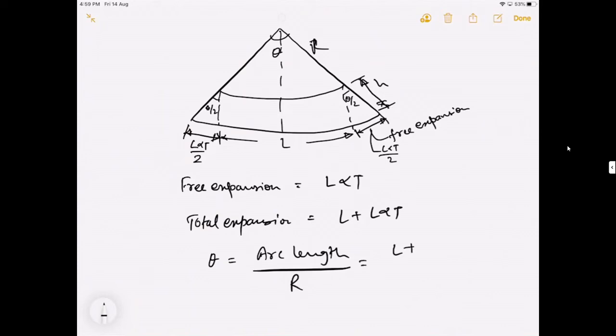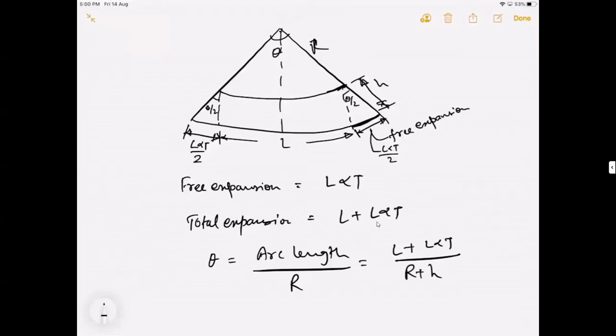Arc length will be L plus L alpha T divided by R. Now R is for this inner circle and for outer circle, because this point will not change, because here rise in temperature is 0 degree centigrade, but at bottom there is T degree centigrade. So that's why we have taken L alpha T by 2 here at the bottom. So my radius till that point will be equal to R plus H, this total length.